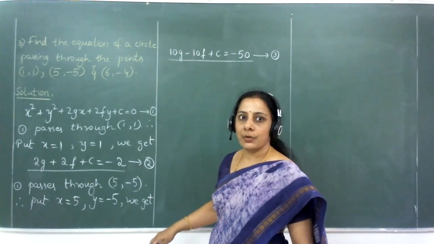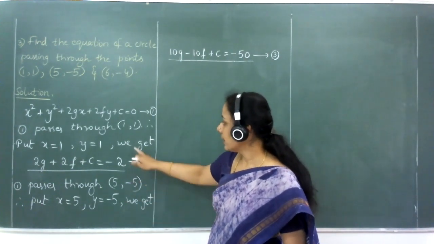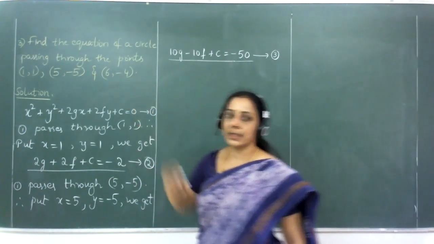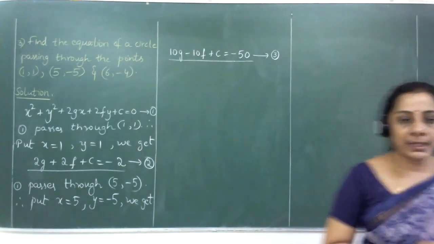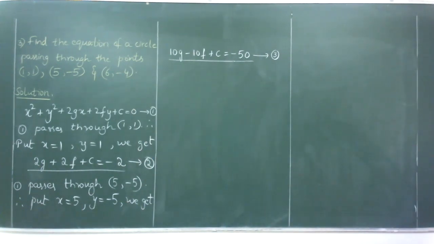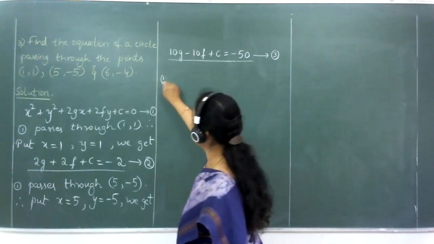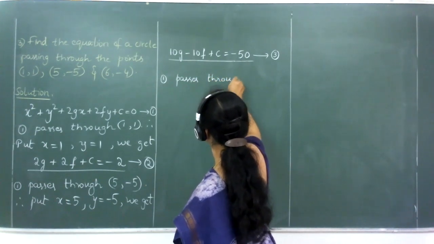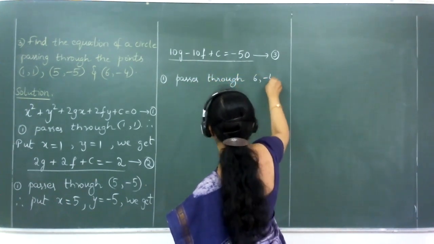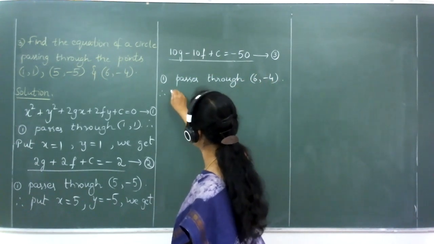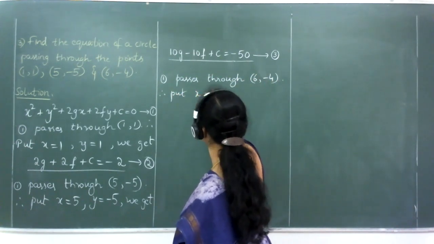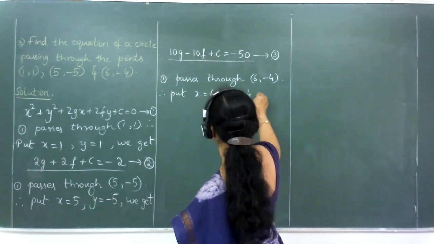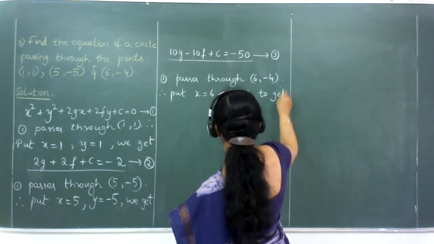Likewise, we shall now be considering the last data, which is that the circle is passing through the point 6 comma minus 4. So equation 1 now passes through the point 6 comma minus 4. We therefore can substitute x equal to 6, y is equal to minus 4 to get.